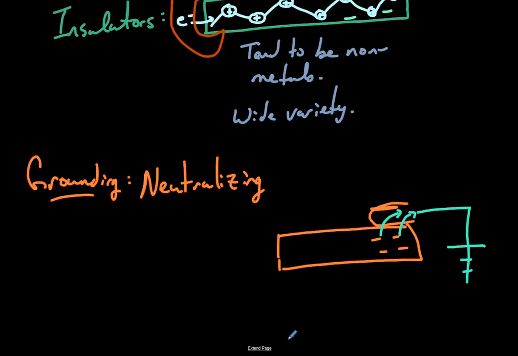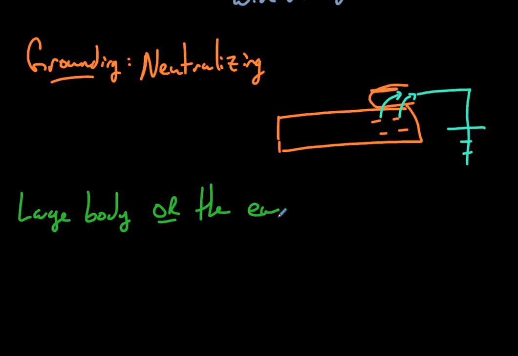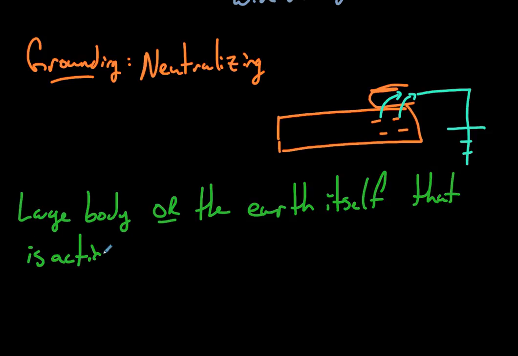So what a ground is, it's a large body, or the earth itself. That is acting like an electron reservoir.